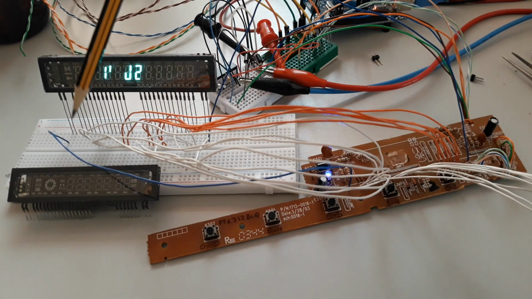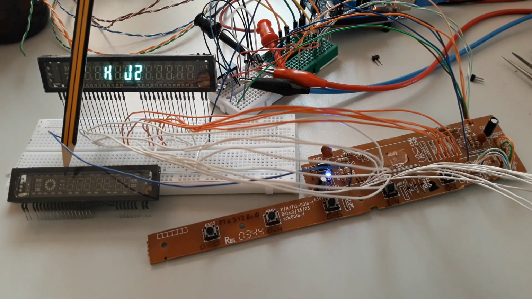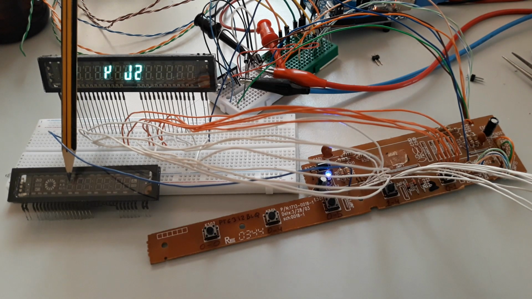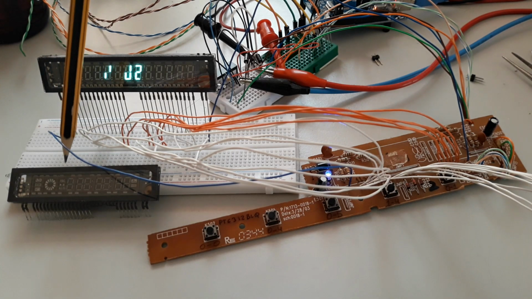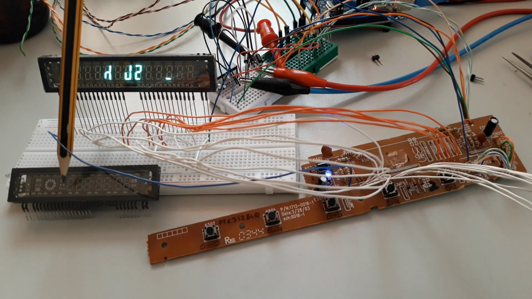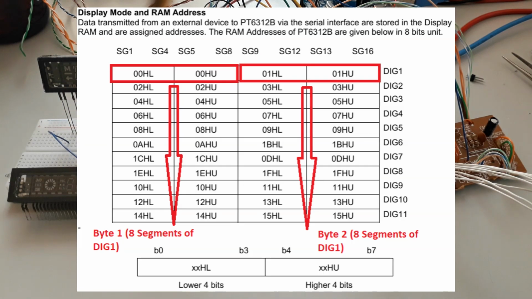I like to remember that in the original VFD we have 2 digits per grid. Okay? A total of the segments in one grid is 16.